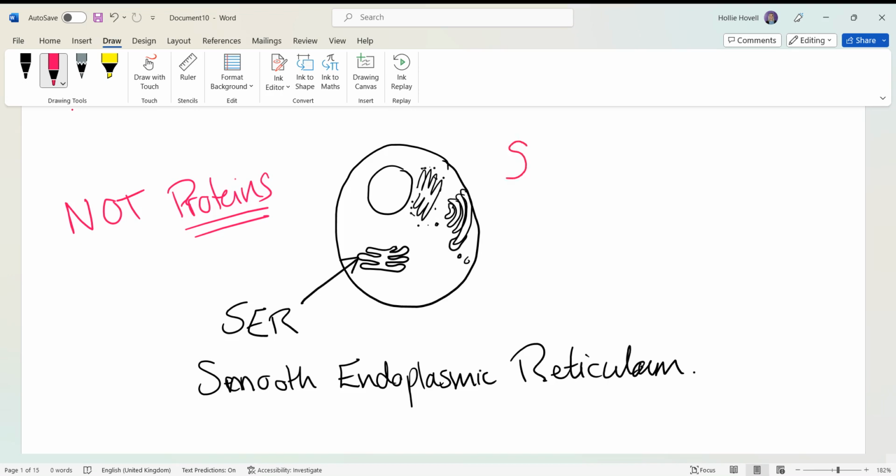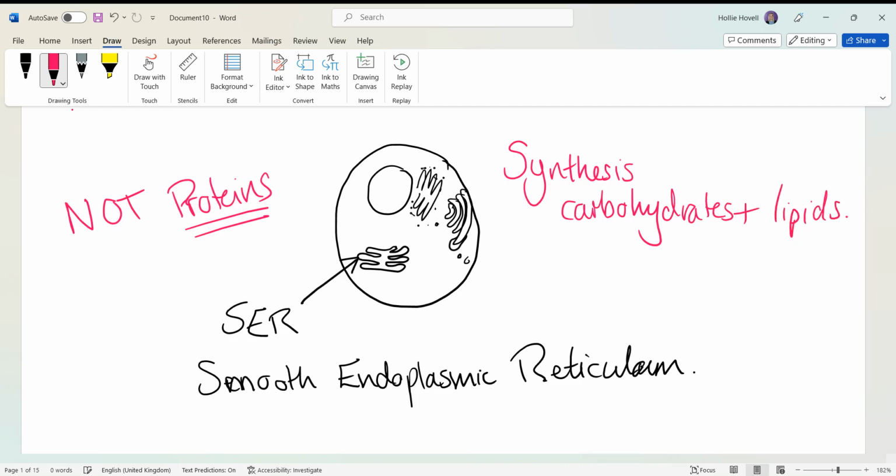Rather than saying makes, try to say synthesizes. So it synthesizes carbohydrates and lipids. What are the three biological molecule groups that we learn? Carbohydrates, lipids, and proteins. It's only proteins that are rough ER, and it's carbohydrates and lipids which are made in the smooth ER. So don't get those muddled up.